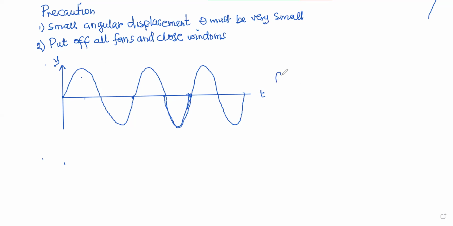This is free oscillation, meaning that the system will not lose energy to air. And so the amplitude will be maintained throughout. If theta is very small, and this answers the question.